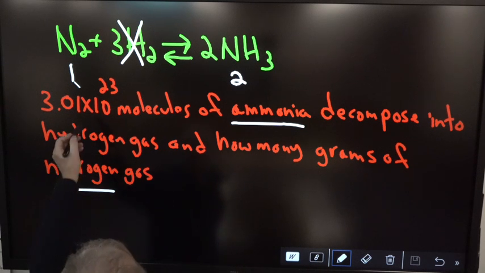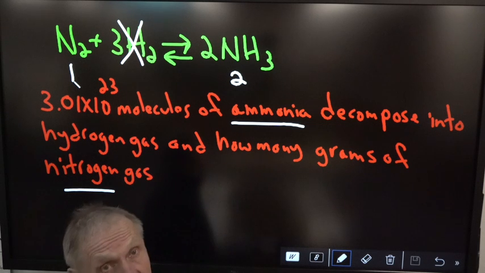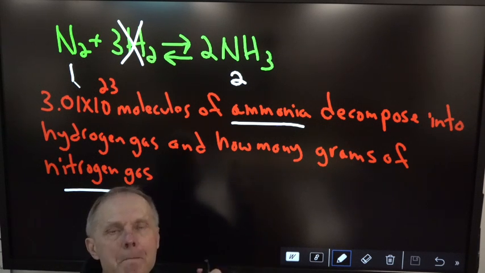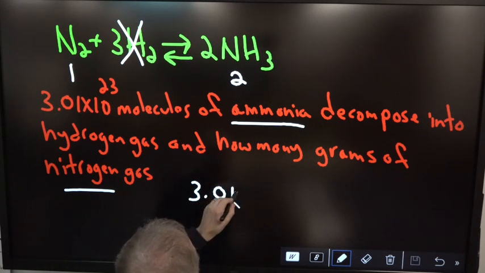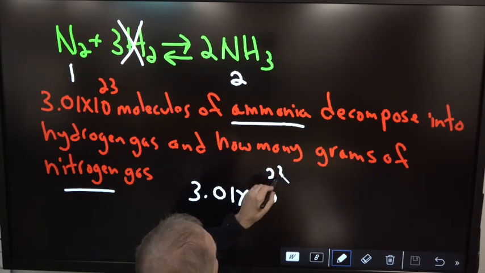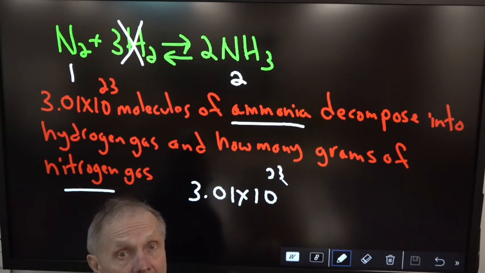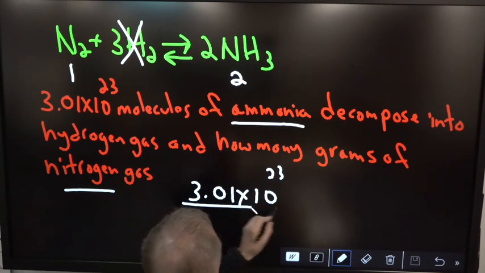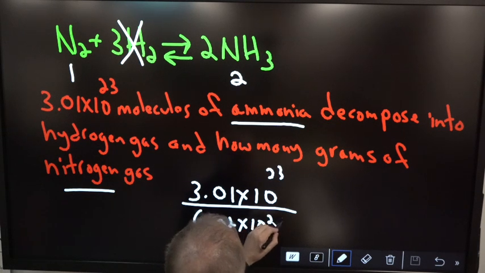So remember, I can't put 3.01 times 10 to the 23rd molecules above ammonia. It must be moles. So I take the 3.01 times 10 to the 23rd, and to get into moles, I have to divide by 1 mole of molecules, which is 6.02 times 10 to the 23rd.